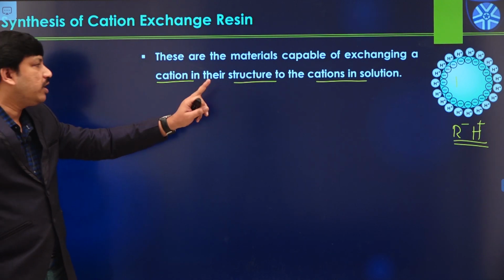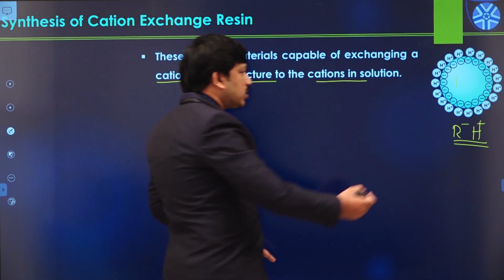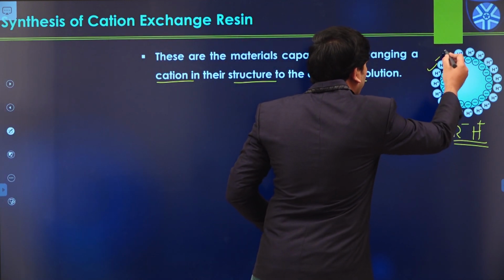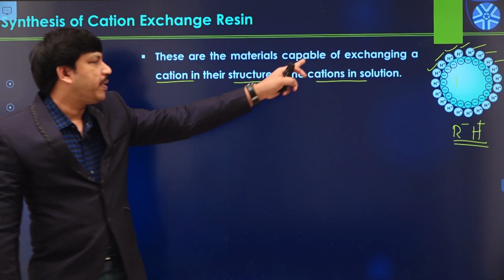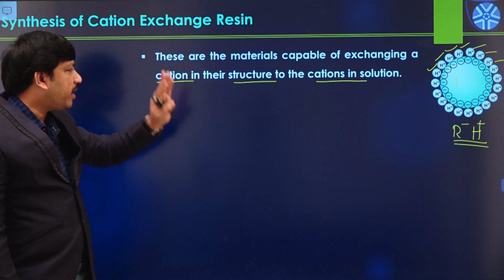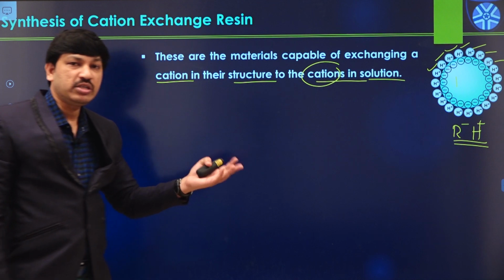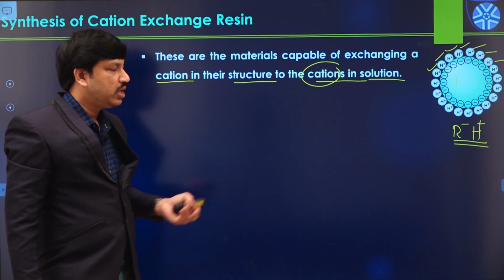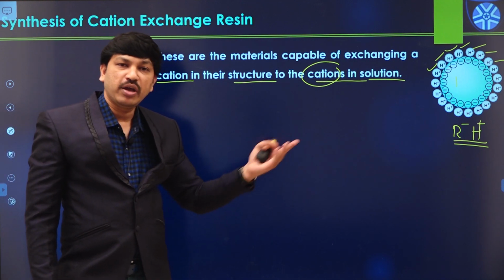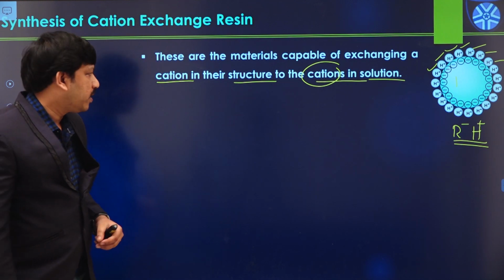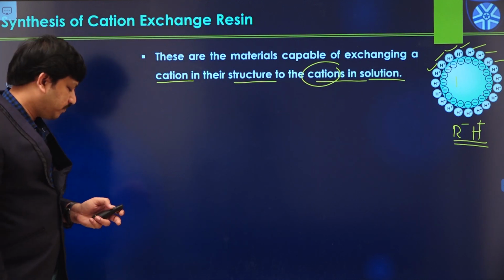In this structure, what are the cations available? We have protons, replaceable protons, and those protons can be exchanged with cations available in the solution. Solution means, in this case, a hard water sample, which contains different types of cations like calcium, magnesium, iron, aluminum. All these cations can be replaced with protons in this case.